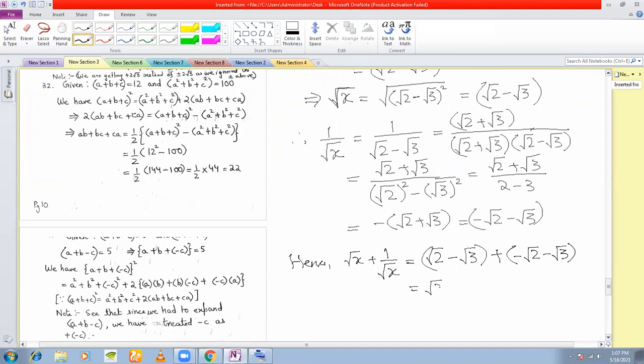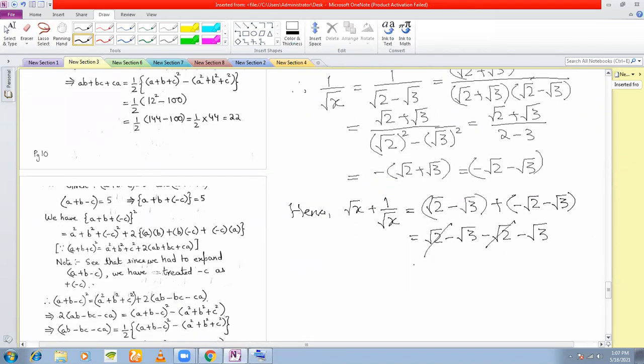So this is root 2 minus root 3 minus root 2 minus root 3. Okay, so what happens? This cancels here. So you get minus 2 root 3.